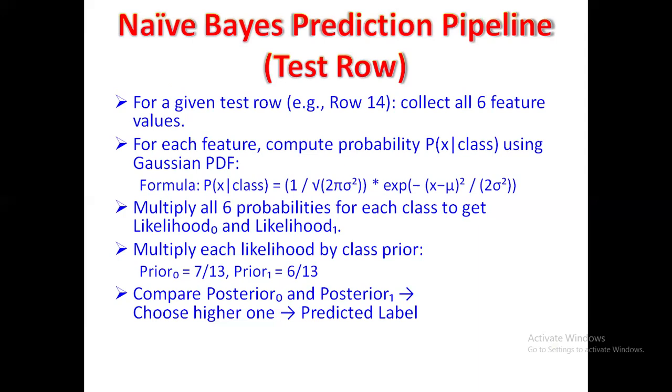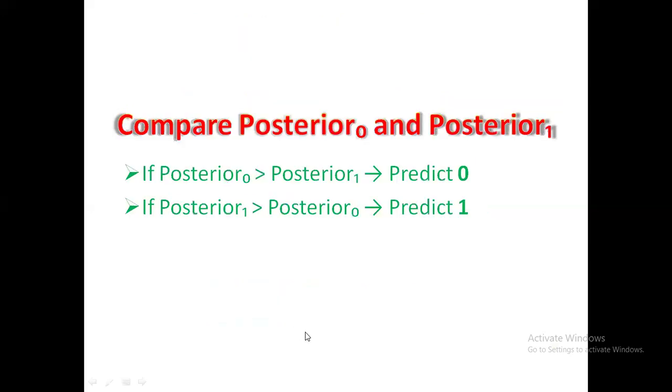These probabilities are multiplied together to get the overall likelihood of each class. We then multiply each likelihood by the prior probability, 7 by 13 for normal and 6 by 13 for abnormal. Finally, we compare these two posterior values and assign the label of the class with the highest probability as the predicted outcome.